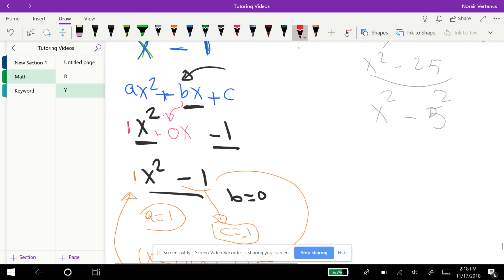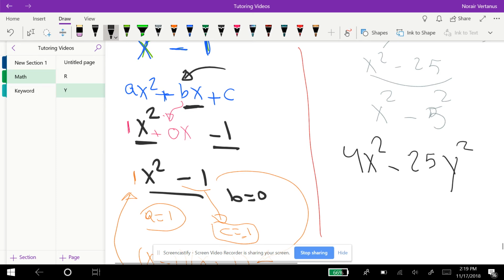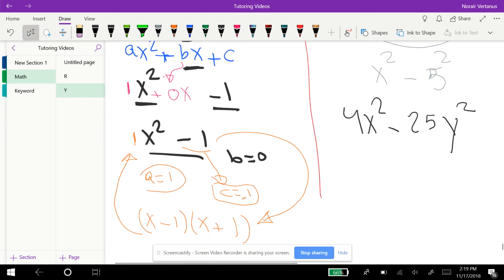One more, like this one, more complicated. It doesn't matter. As long as you can write it as a difference of squares, you can factor it into the form that we just talked about. I can write this as 2x, all of that squared, because 2x times 2x is 4x squared.